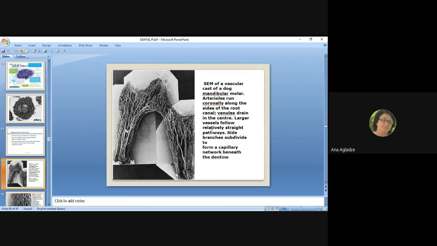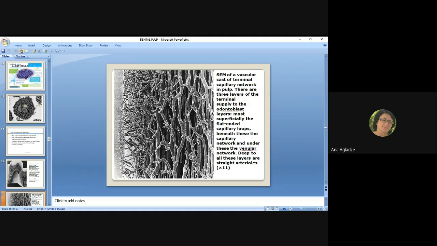They enter the tooth as a bundle and initially run right in the middle of the pulp and along the canal walls toward the coronal pulp, where they branch markedly. And here you can see this branching. Arterioles are small blood vessels in circulation all over the body.